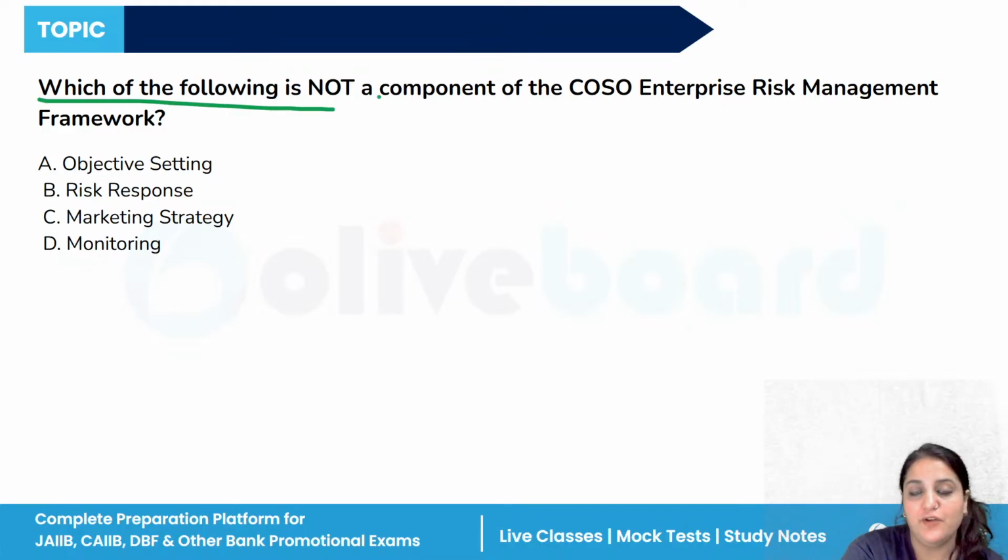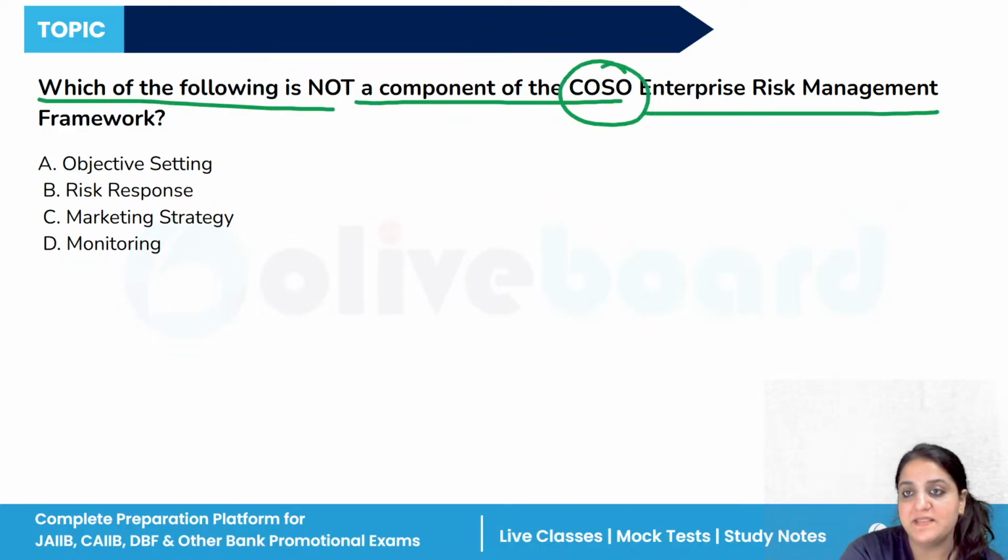Which of the following is not a component of the COSO enterprise risk management framework?